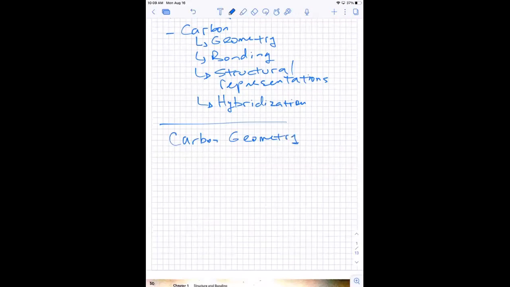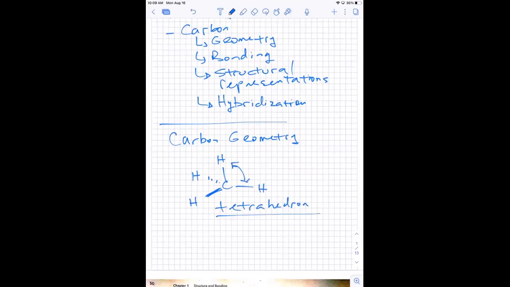And if you watch the very first video, the introductory one, it talked about carbon existing as, I'm just going to put all hydrogens on here, tetrahedral. Right, it's a tetrahedron.